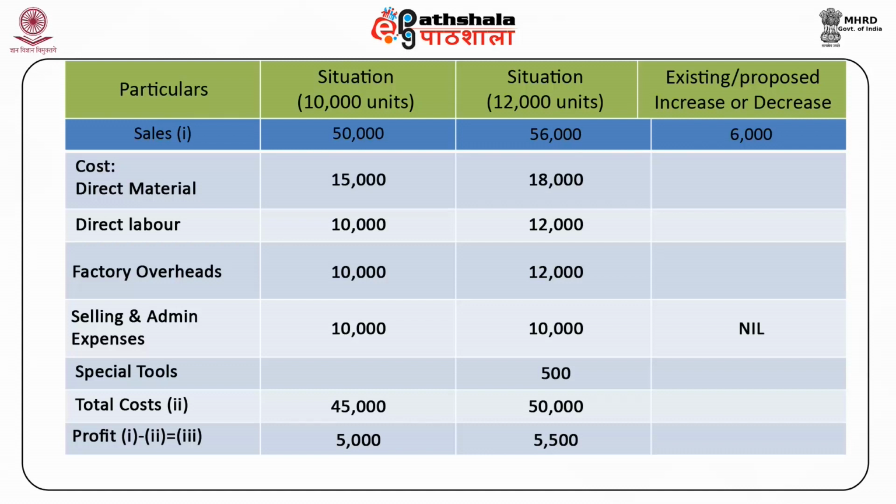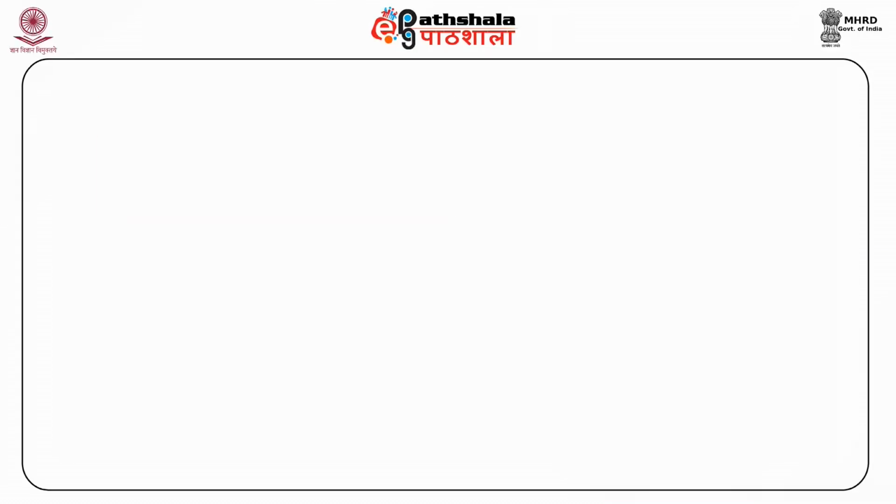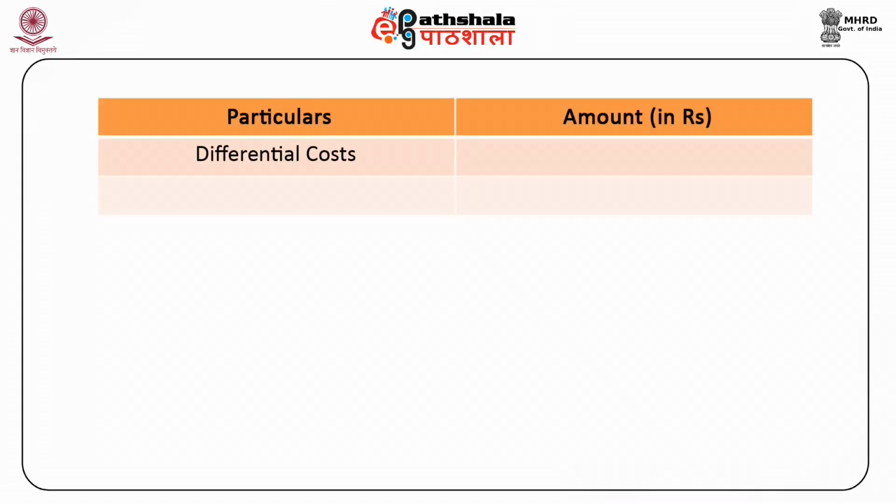Now we shall find out the component-wise net increase or decrease as shown in column 4, such that the net increase in the profit would be rupees 500. The differential costs are rupees 5,500, while differential sales are rupees 6,000.